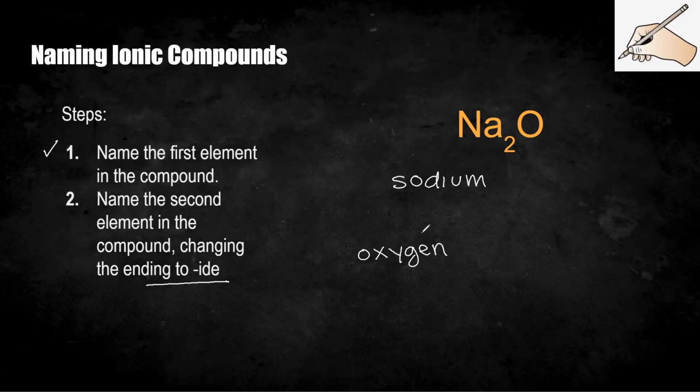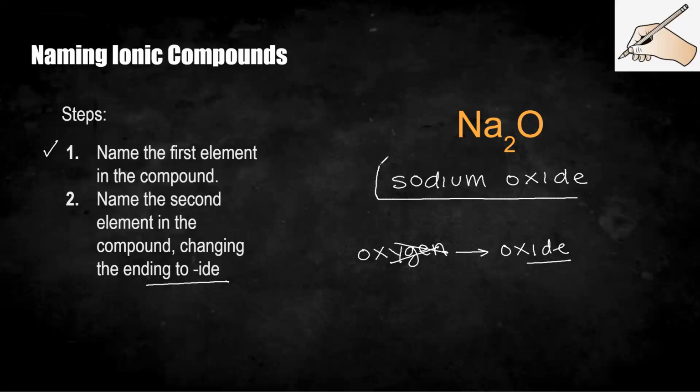So I'm going to cross out that last ending, and oxygen becomes oxide. Together, this name is sodium oxide. That is a simple way of naming ionic compounds when you have a metal and a non-metal.